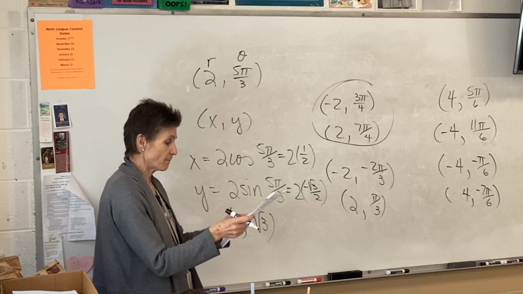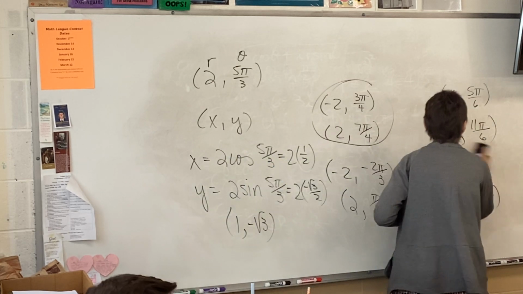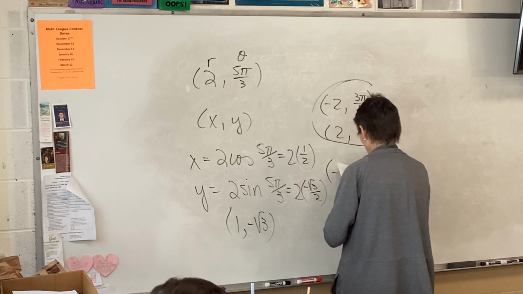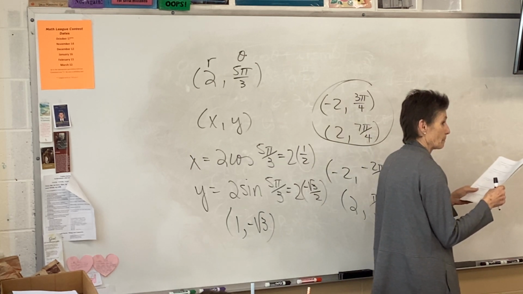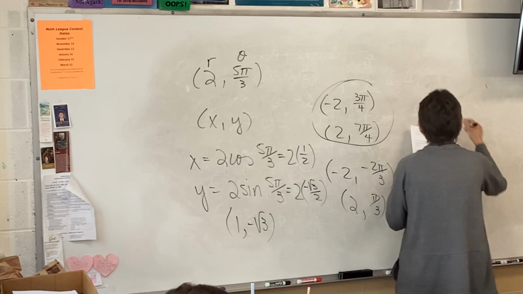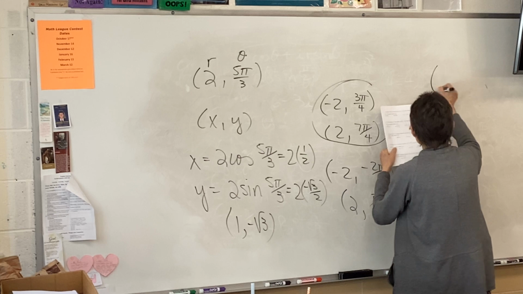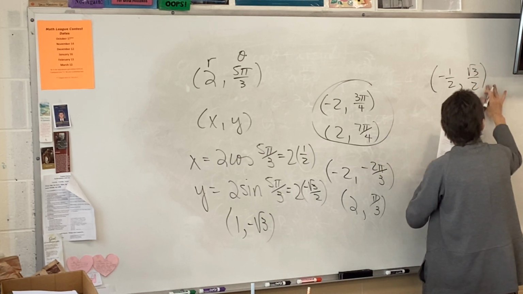Another one, let's go to 15. Okay, so the location of point A in rectangular coordinates is negative 1/2, root 3 over 2.